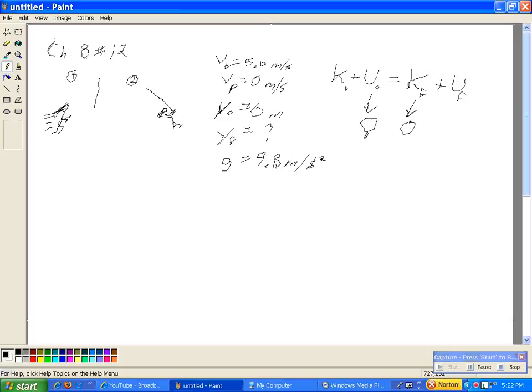What we have left is the initial kinetic energy, which is 1/2 m v initial squared equal to m g y final.